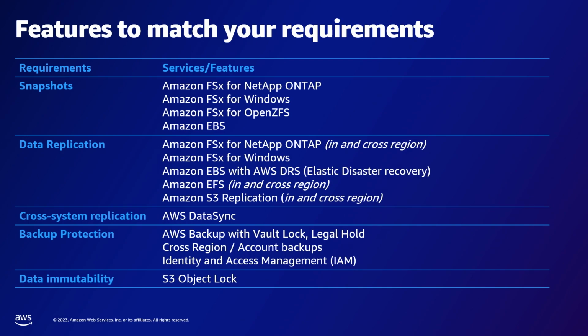AWS Backup offers various features that you can leverage to protect your critical data and the backups themselves. S3 Object Lock can be utilized to achieve data immutability on S3 objects. I would suggest you take a screenshot of this slide so that you can use it as a reference for your data protection strategy in the long term.